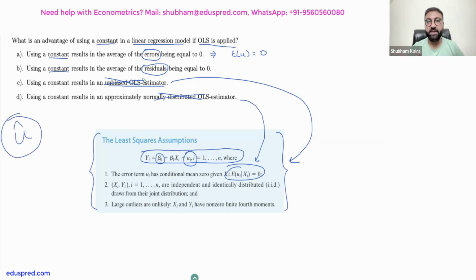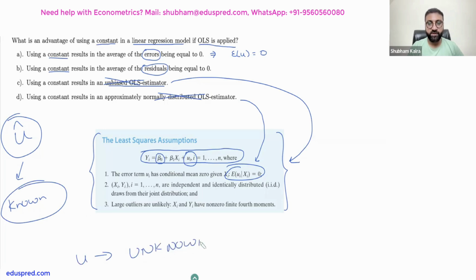So part number B implies that the average of the U hat is equal to 0. So I hope the distinction between part A and part B is clear. The first part is talking about the average of U and the second part is talking about the average of U hat, where U hat is known and U is unknown.